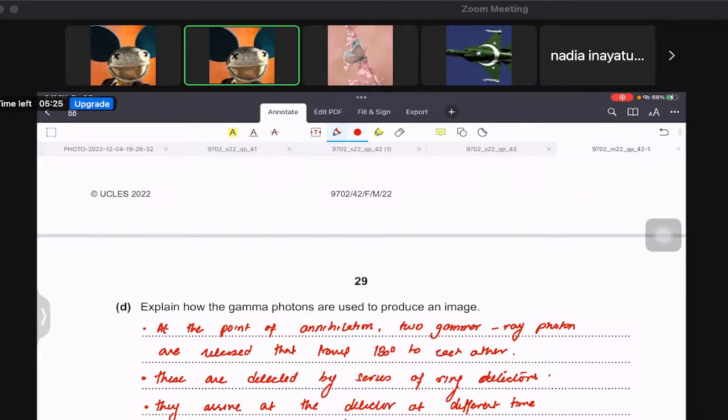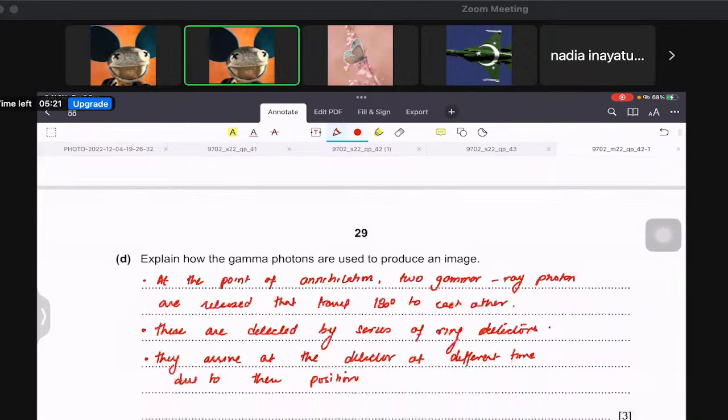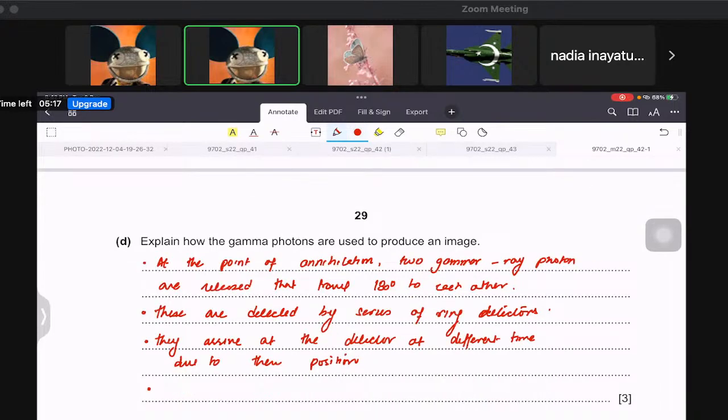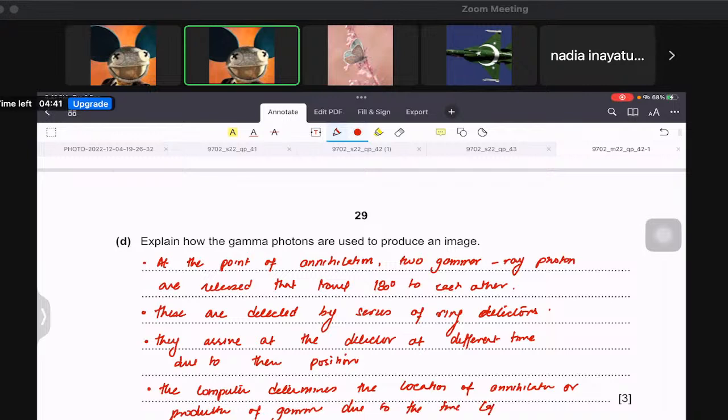All right, now what you're going to write is the computer basically determines the location of annihilation or production of gamma rays due to the time lapse, or you can write difference in time. Okay, just make it simple, it's okay.